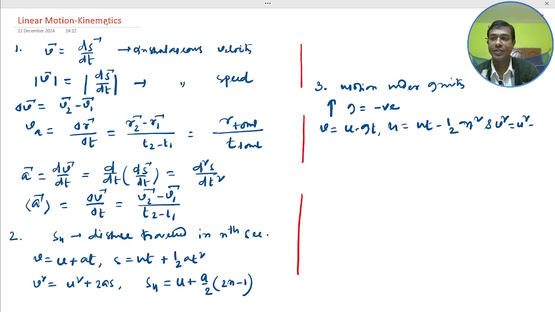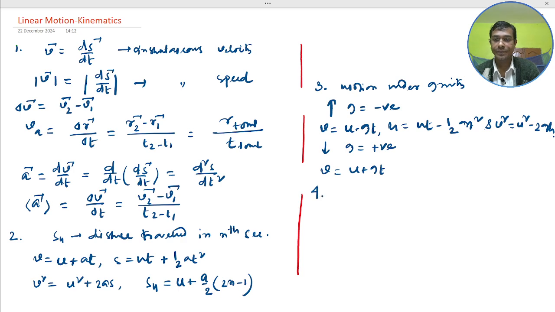Sorry, here a means g. Now if the particle is going down, g would be positive. So here v would be u plus gt, h would be ut plus half gt square, and v square equal to u square plus 2gh.